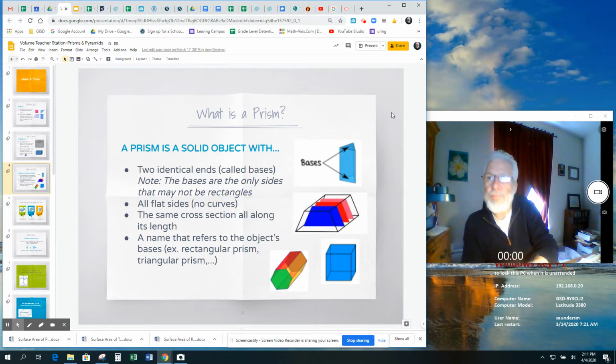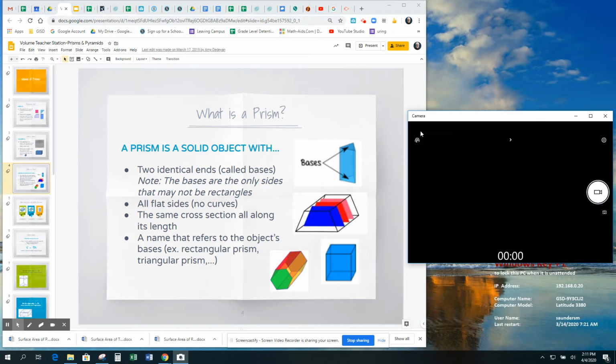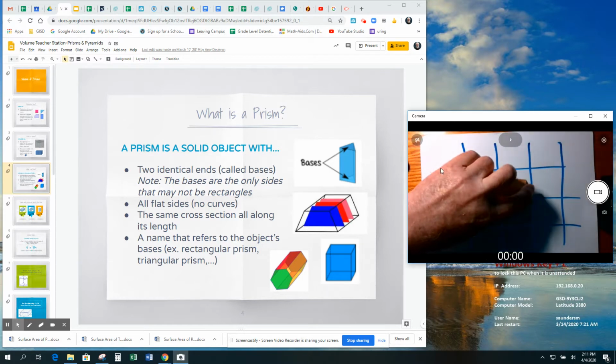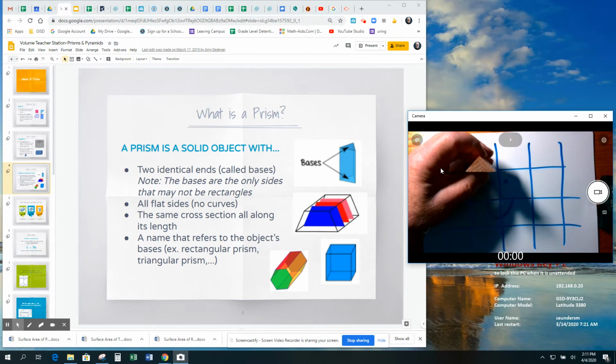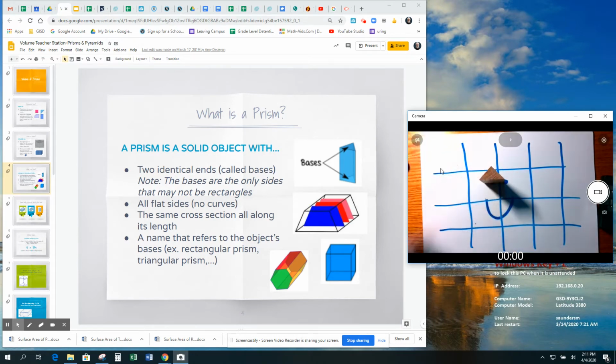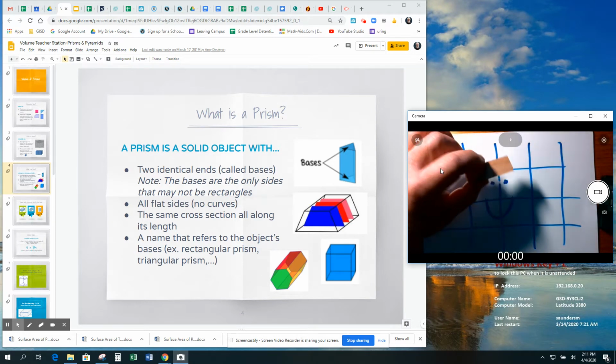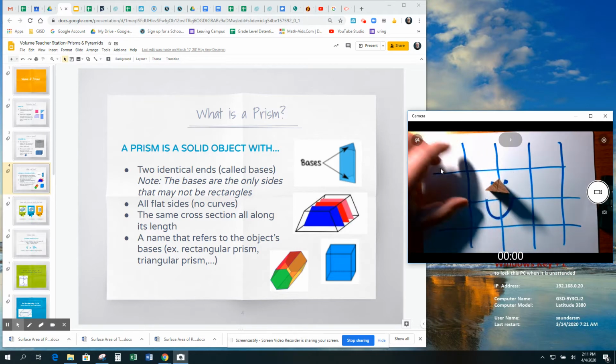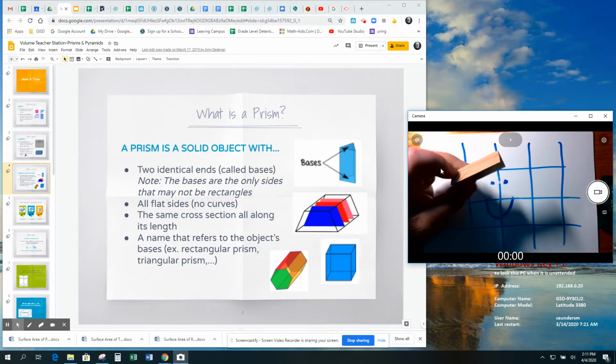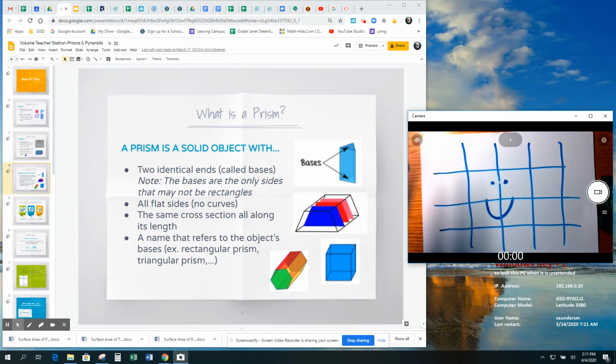Here's a triangular prism that I made right here. Okay, I'm putting it on my whiteboard so you can see it. Here's a triangular prism that I made, and the shape on the end tells you what kind of prism it is. So this is a triangle on the face, and it's a three-dimensional prism. Okay, so the base tells you what kind of prism it is.